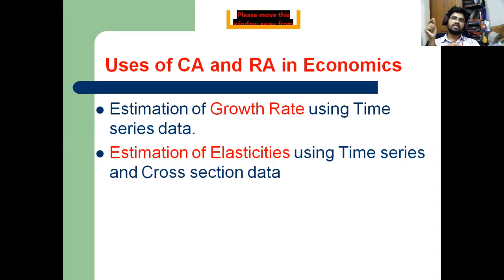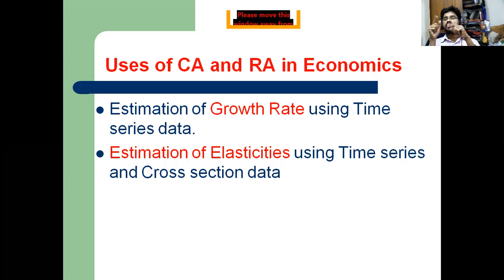If you take the demand function, D is a function of P. Here D is the dependent variable and P is the independent variable. So whatever the changes in the dependent variable due to changes in the independent variable P, when other things remain constant, that is how we estimate the elasticities.